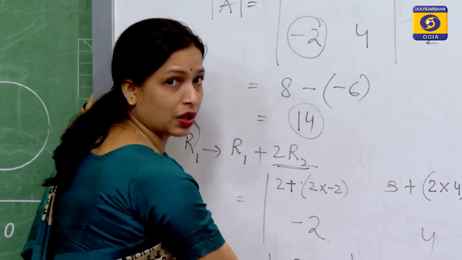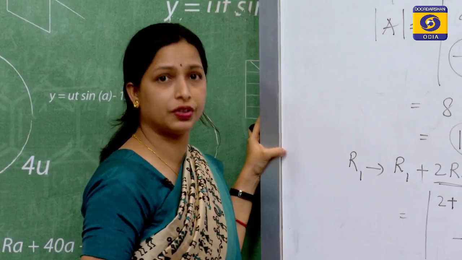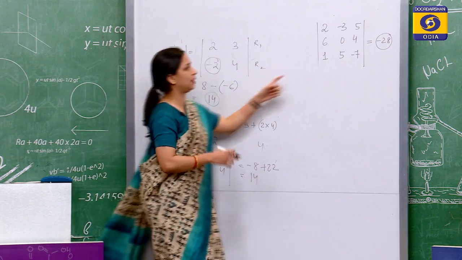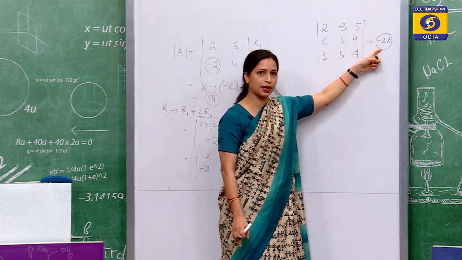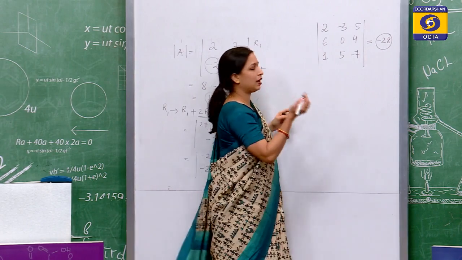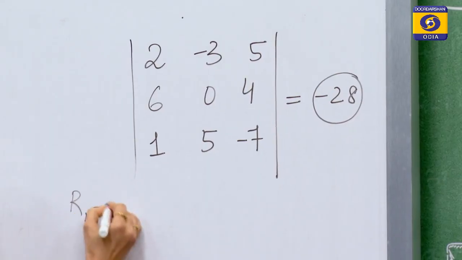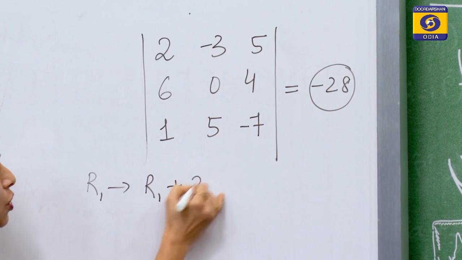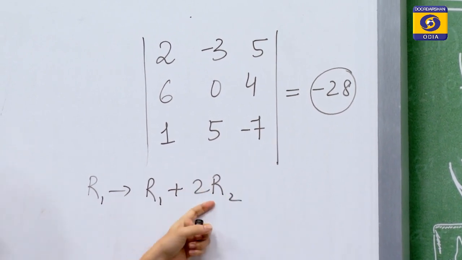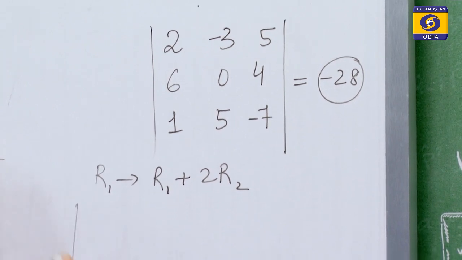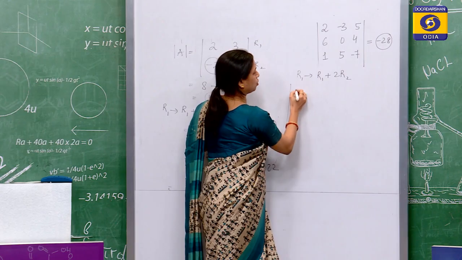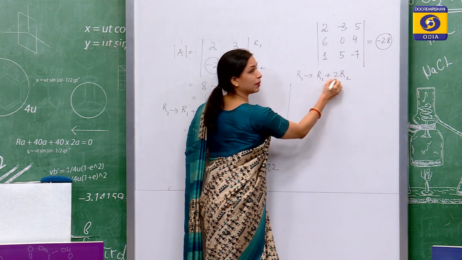Now, if we use the same property in an order 3 determinant, like say for example, this problem we have already discussed, we have found out the determinant to be minus 28. Now, remember, if I say row 1 is row 1 plus 2 R 2, that means here I have used a multiple of another element of another row. So, if I convert it, row 1 is now row 1 plus 2 R 2.